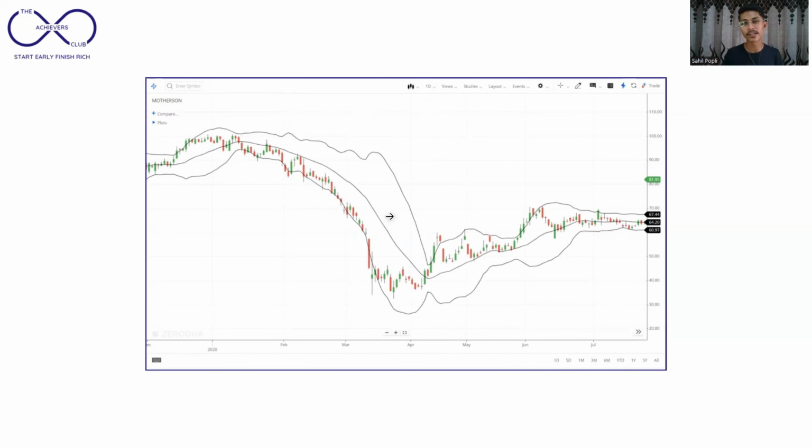If you look at all the charts during COVID, all of them had very good volatility on the downside, and they were not just walking the band of the Bollinger Bands, but some of the stocks were also going out of the band. Even for Nifty and Bank Nifty and other indices as well, we were able to see out of the band itself, which means the volatility was extreme, right? So this is the example of Motherson Sumi on daily time frame, and these are some of the examples.